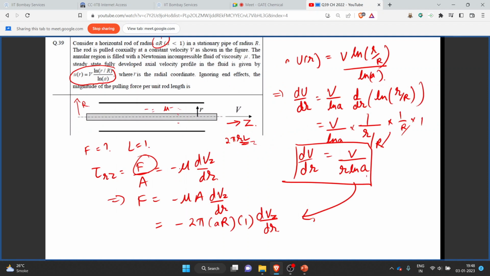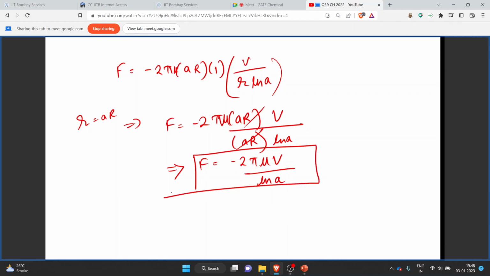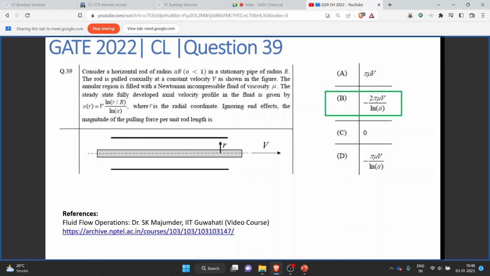I think we are missing something. Okay, over here we also have this mu. So the value of force will become minus 2 pi mu v, this will get cancelled out, on ln of a. Now from the given options we can see that option B corresponds to the answer that we found, that is the magnitude of pulling force per unit length is minus 2 pi mu v upon ln of a. So we will select option B as the correct one.